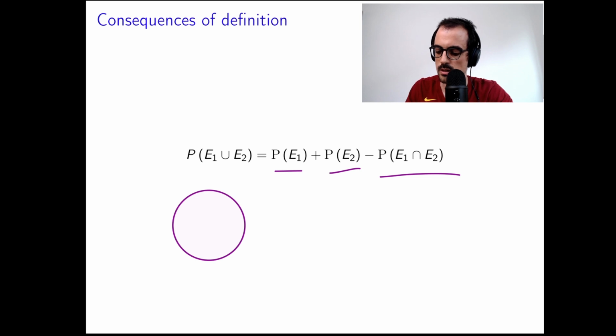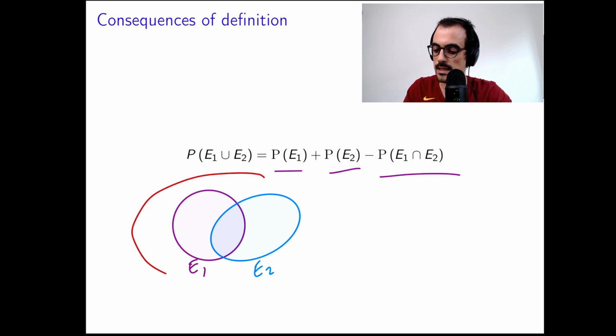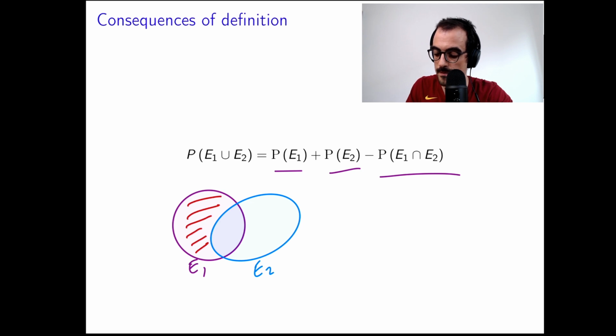So here we have E1 and E2, and basically what happens here is that we want the area of this whole thing, and what we do is we separate it into the area of this part, the area of this part, and the area of this part.